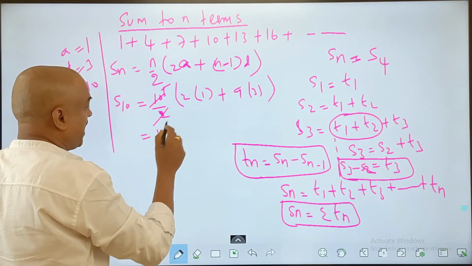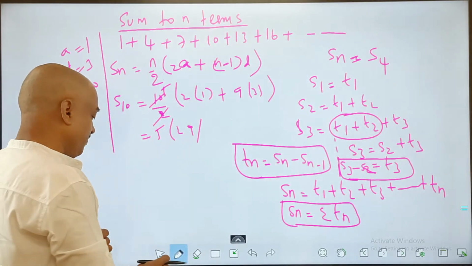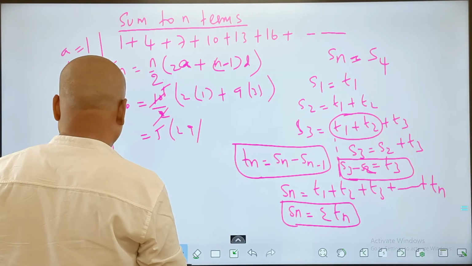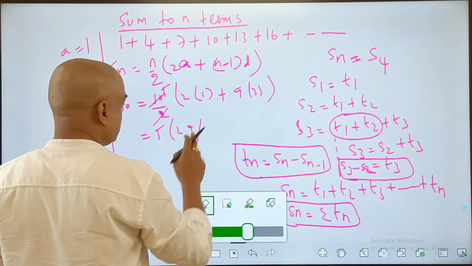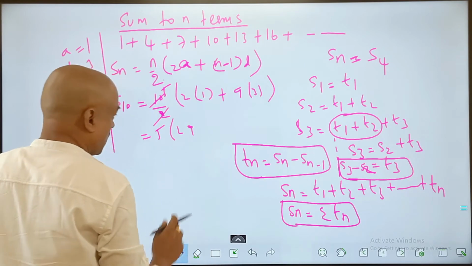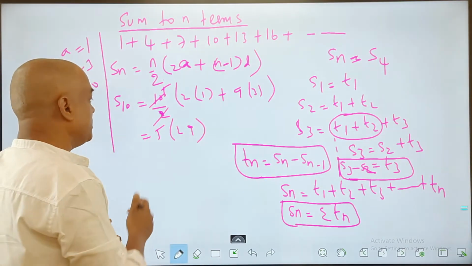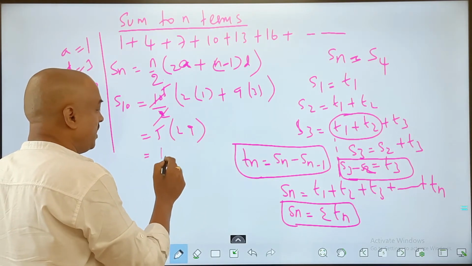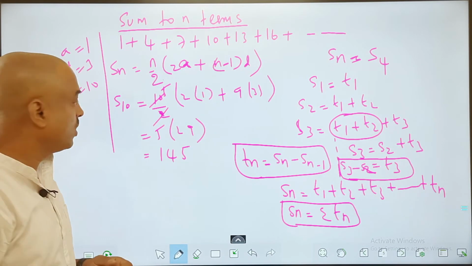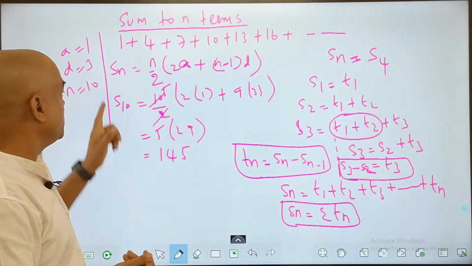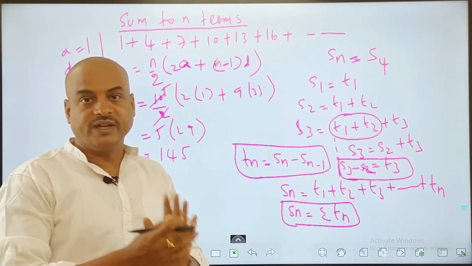So we have 5 into 29 here in this case. And we all know 5 into 29 is how much here? This is going to be 145 as the value here. Okay, all of you? So this is how we can use this. What I did here is I added the first 10 terms of the given series.